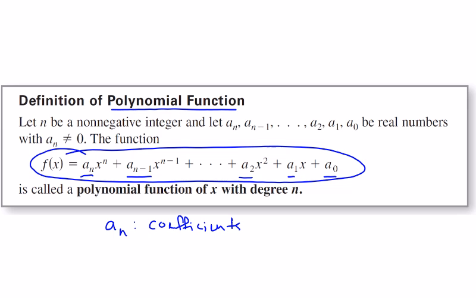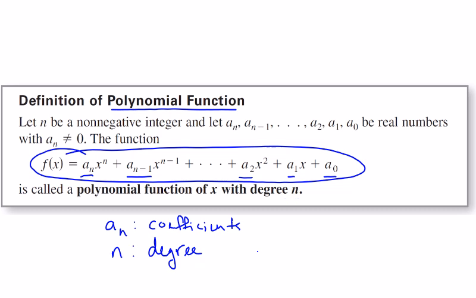Anyway, these exponents here, the highest exponent, which is n, is called the degree of a polynomial. So you would say this is a polynomial of degree n.